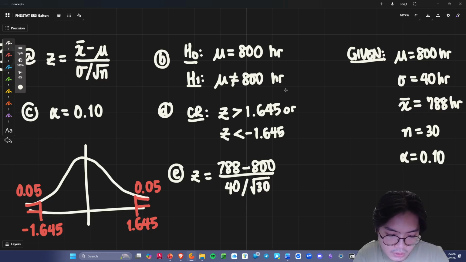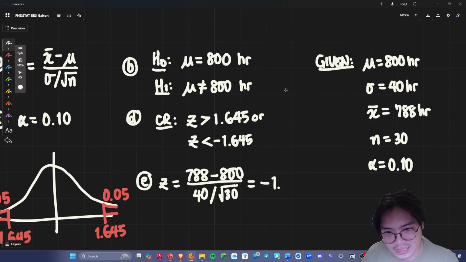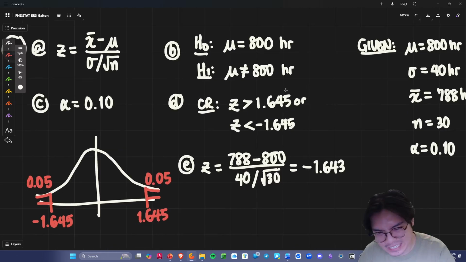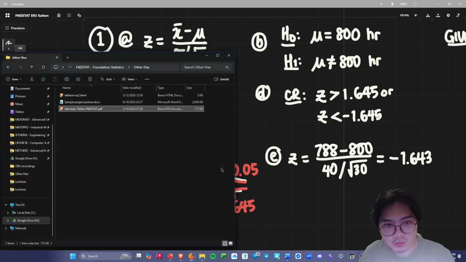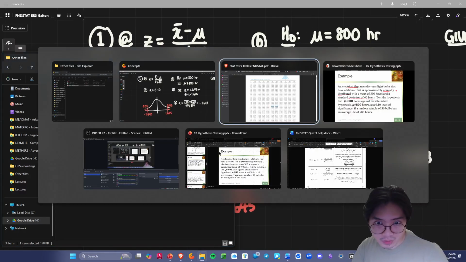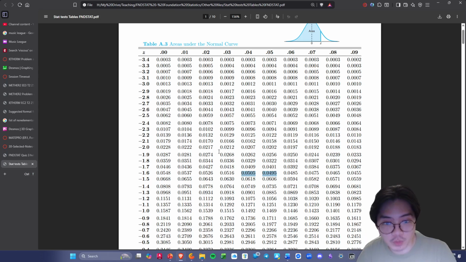40 divided by the square root of 30 gives us an answer of negative 1.643. Ouch. Okay, so we're right here in this region wherein it's just a little bit off. But notice that what we've done essentially is that we've cut this off between 1.64 and 1.65.